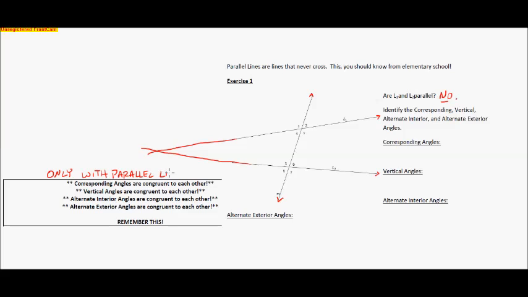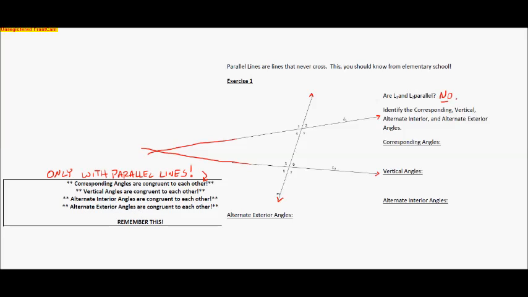Okay, only with parallel lines do these things hold. Okay, and that's what we're going to talk about. If we have parallel lines, these four things hold. Corresponding angles are congruent, vertical angles are congruent, alternate interior angles are congruent, and alternate exterior angles are congruent.